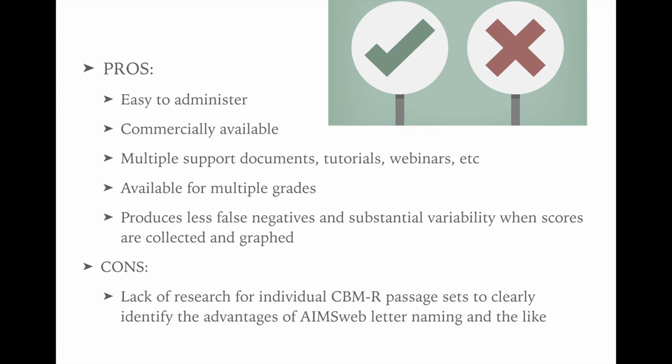Following the research by Ardoin and Christ, the advantage of AIMSweb in comparison to DIBELS, ignoring the experimental passage set of FAIPR, is that it produces fewer false negatives and substantial variability when scores are collected and graphed. On the other hand, the research is still lacking in terms of examining the differences of the individual CBMs.